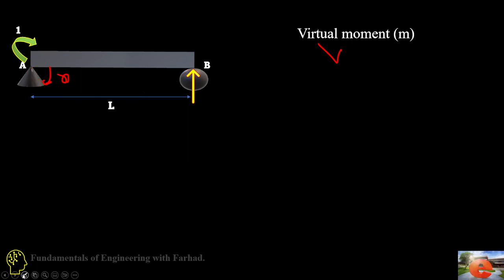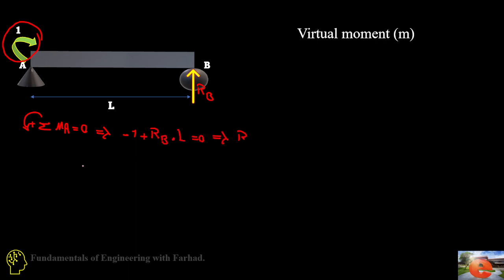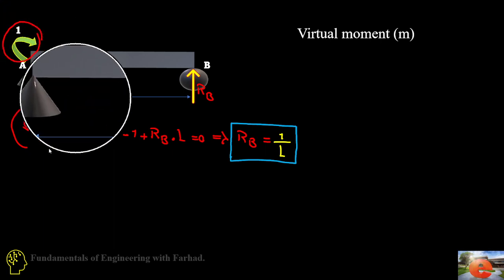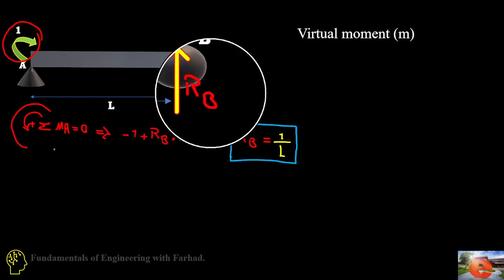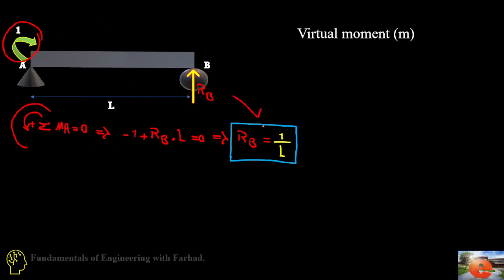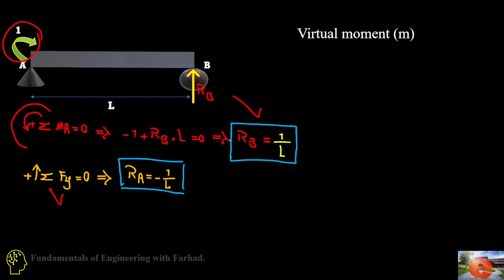If you do so, then the summation of moments about A goes to 0: minus 1, because our positive is counterclockwise and the moment applied is clockwise, so negative 1, plus RB, the reaction at B, times the length of the beam from point A, which turns RB equal to 1 over L. As soon as we know that, the summation of forces in the y direction goes to 0. RB is upward, so RA should be downward, equal to the same value but in the negative direction.